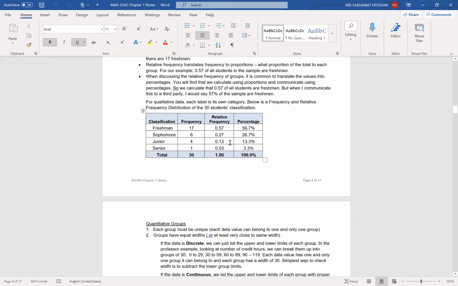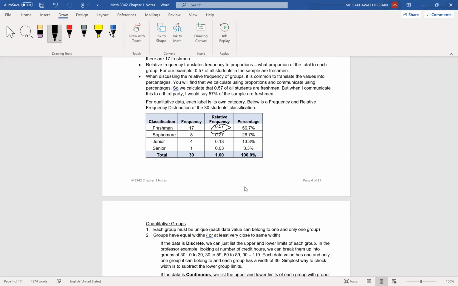So we can calculate the relative frequency. What is the relative frequency? Relative frequency is frequency divided by the total frequency. So the frequency for this group is 17 and the total frequency is 30. So 17 divided by 30 is 0.57. This is called the relative frequency. And for the sophomore, the frequency is 8 and the total frequency is 30.